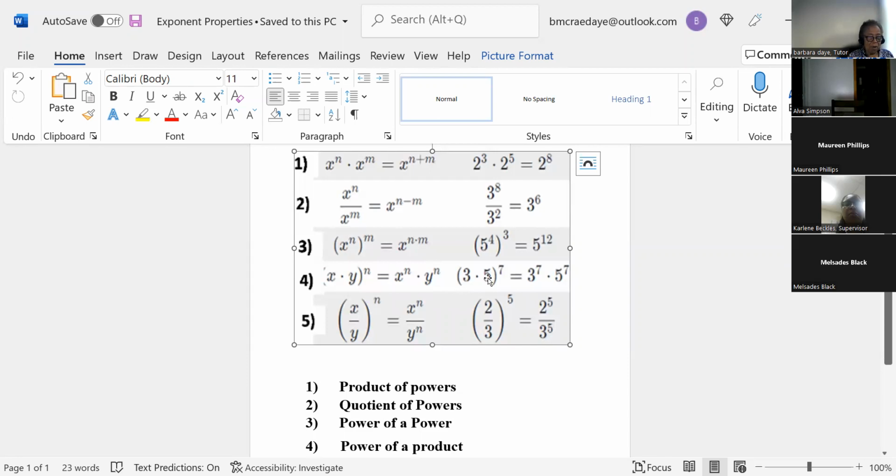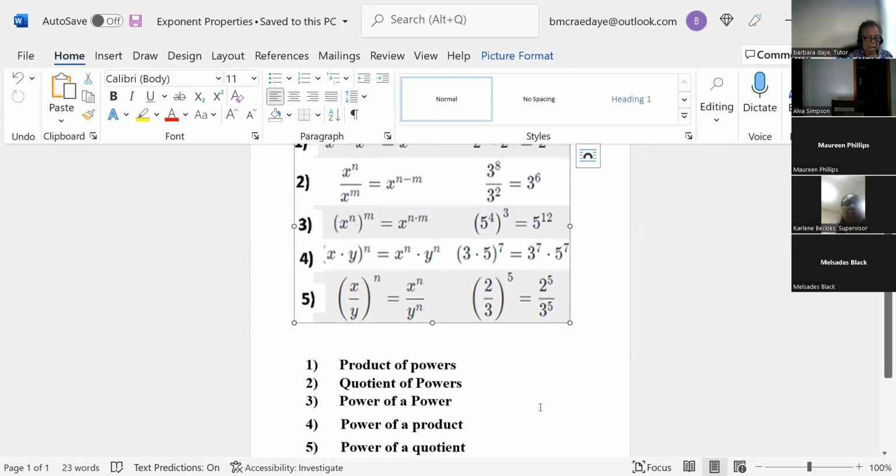So you can have a product within the parentheses, all raised to the 7th. So that's 15 to the 7th, or you could break it up into 3 to the 7th times 5 to the 7th. That's called power of a product. So you have a product within the parentheses and you're raising it to a power. Question?